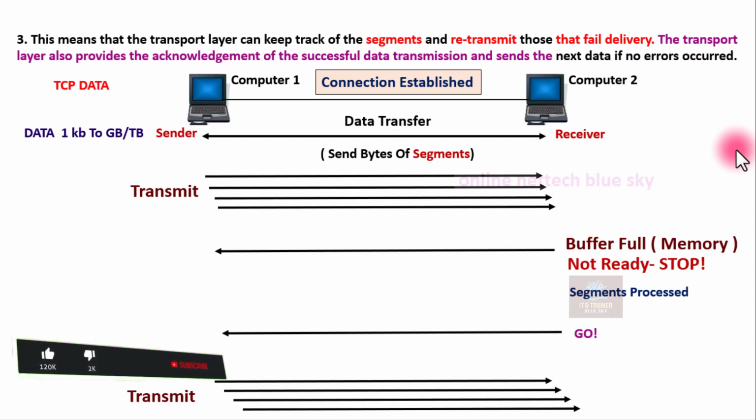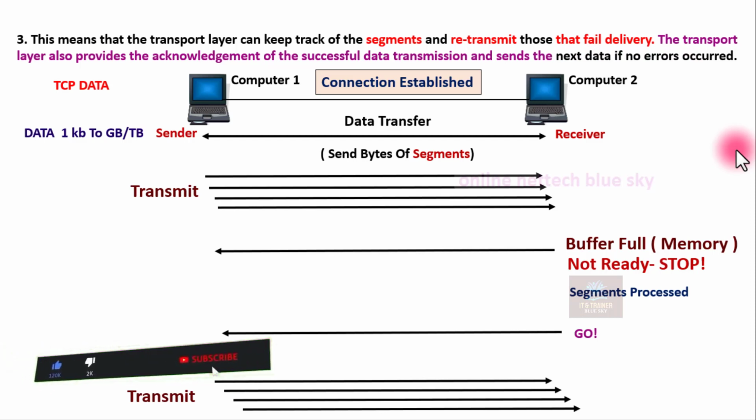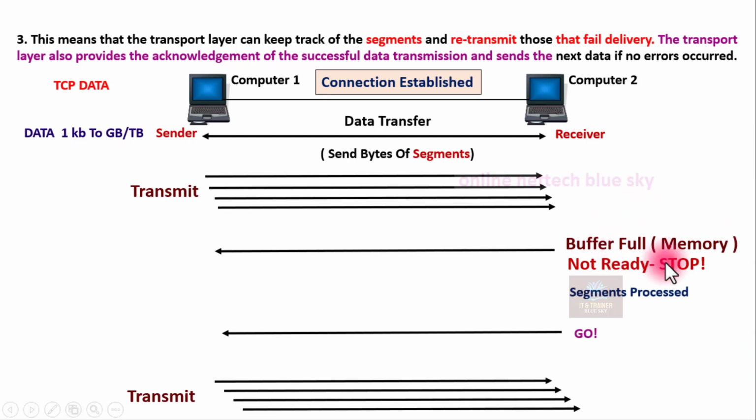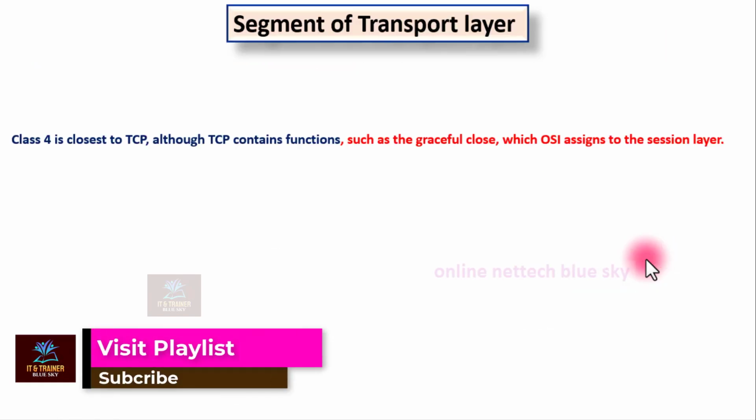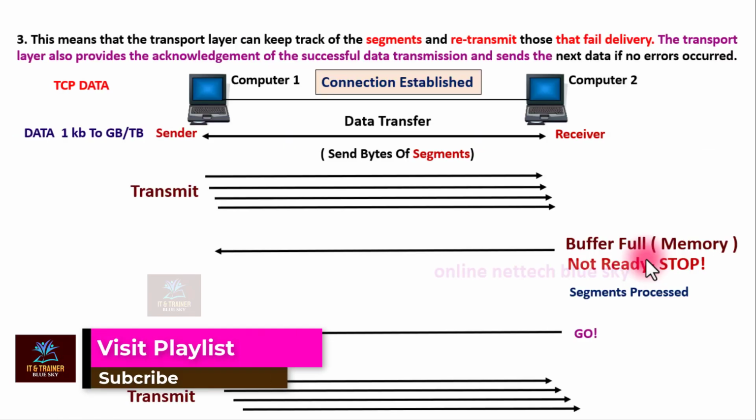Sometimes the transport layer provides a successful acknowledgement, and sometimes there is a data error. For this reason, buffer technology creates a buffer function in the transport layer protocol. So this is segment processing.